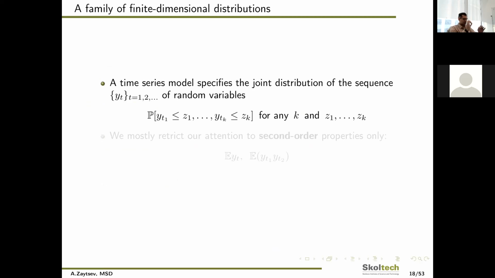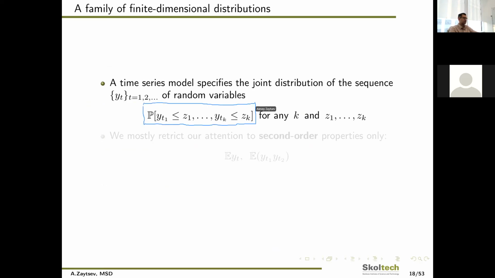So our ultimate goal is to specify the distribution of the data we have. So you'll be able to tell the probability of y_t1 being smaller or equal to z1, y_tk being smaller or equal to zk, and so on. So this is a very general model.